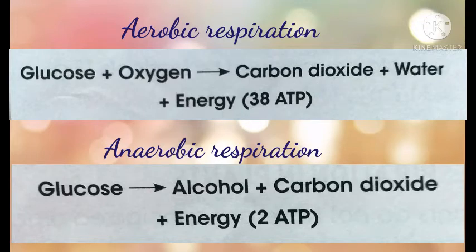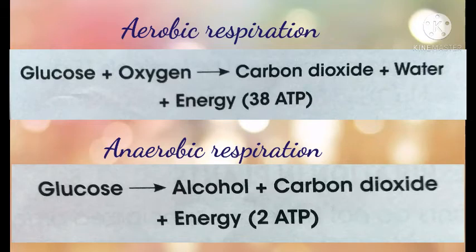Here you can see that oxygen is not present. Since it is anaerobic respiration, oxygen will not be there. So glucose is partially broken down into alcohol, that is ethanol, carbon dioxide and energy. So here only 2 ATP molecules are released. So anaerobic respiration produces less energy than aerobic respiration.